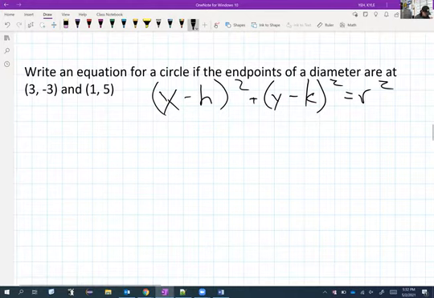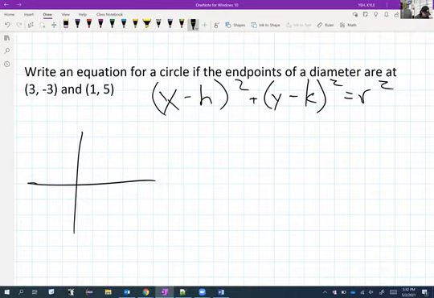So I'm going to draw a quick sketch. And it tells us that the endpoints of a diameter are at (3, -3) and (1, 5).